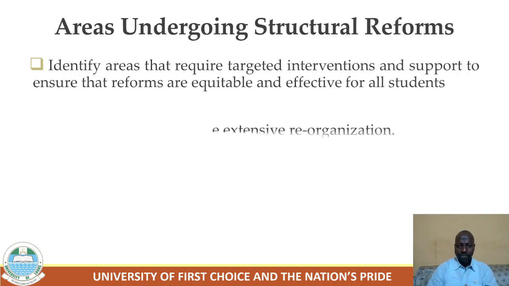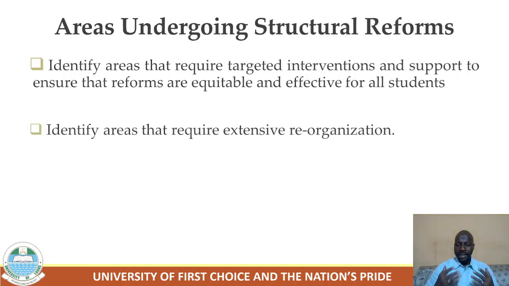Now, like I said, areas undergoing structural reforms always have cause to reorganize schools and to distribute school resources. So we can now use school mapping exercise to identify areas that require extensive reorganization.